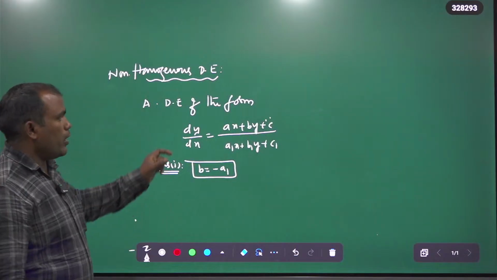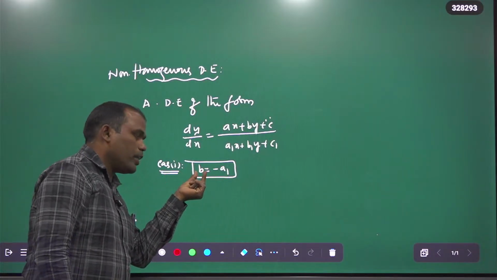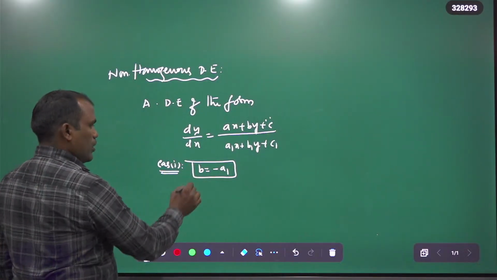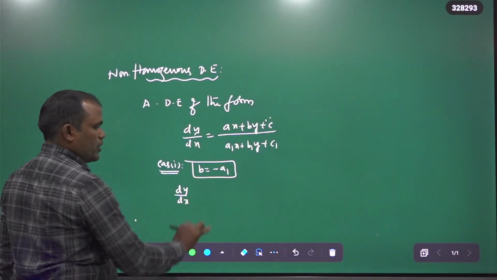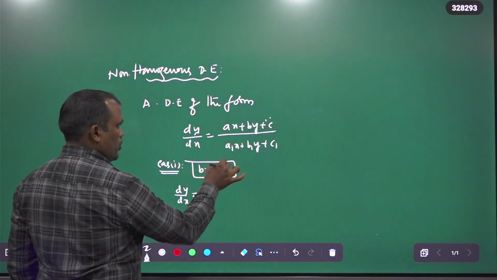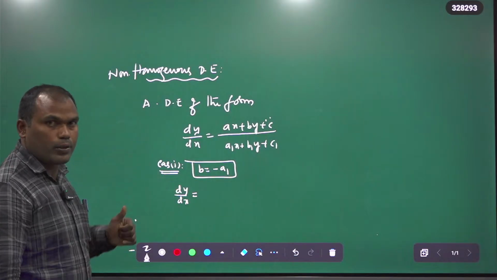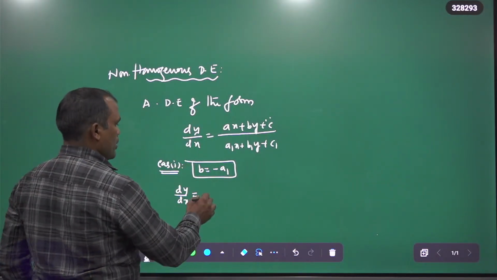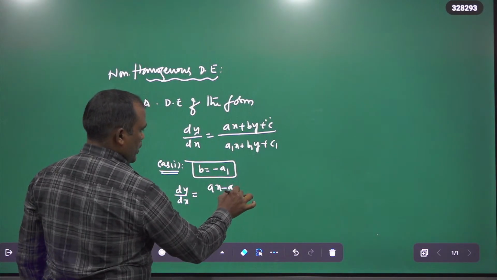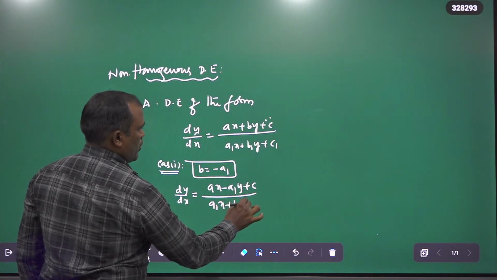So whenever a non-homogeneous differential equation is given, first we should observe whether we get b equal to minus a1. If both values are equal, then in the first case, I can explain each case with one problem, but basically what I am telling here is: dy by dx equal to the given non-homogeneous differential equation satisfies this first case, then you can write the same given differential equation as it is, just with minus a1 into y plus c by a1x plus b1y plus c1.